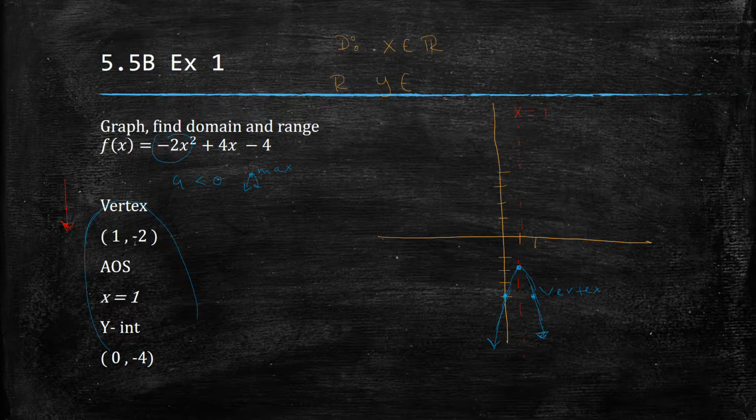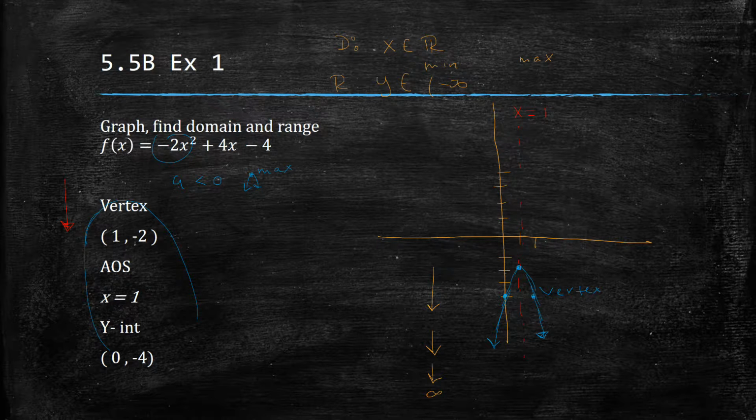Remember that when you do your sets, you have your minimum value here and your maximum value over here. So you're going to have an open bracket here and a negative infinity, because this parabola is going to continue in the downward direction forever.